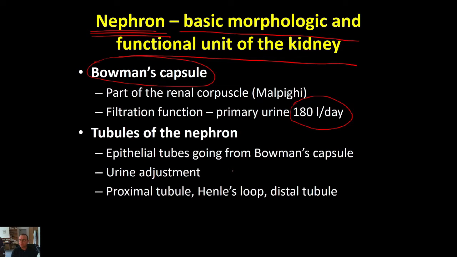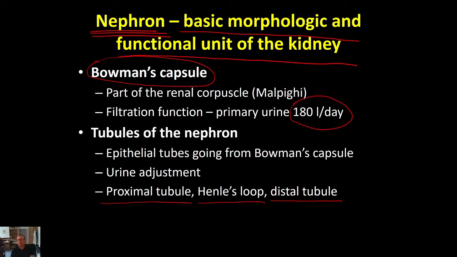The primary urine then goes from Bowman's capsule to other parts of the nephron. The first of them is the proximal tubule, then urine goes to Henle's loop or loop of Henle, and then to the distal tubule. Each nephron has these three parts and Bowman's capsule, so in fact together four parts.